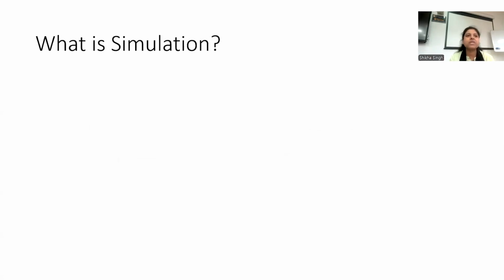The name itself suggests that you are trying to simulate something, where the features are similar, but things are not happening in reality. We are just developing virtual models, where we try to replicate our understanding so that we can study multiple domains or multiple angles in the simulation models, because many things we cannot study by doing them in reality. So we have to analyze the system, and we will do it through simulation.